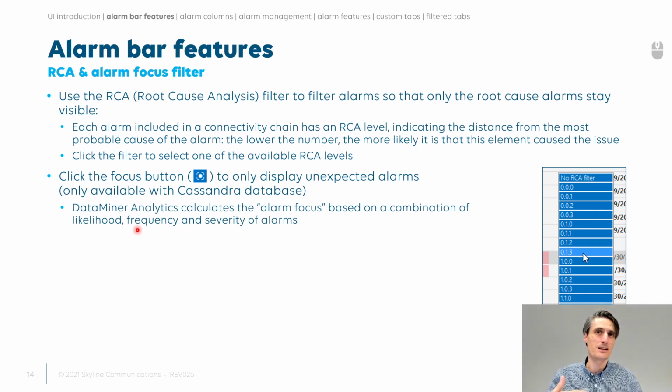If it's happening all the time, very often, it's considered as spam, you could say. It's a little bit like a junk filter on your email. We don't really consider it a very important alarm if it already happened 100 times in the last 24 hours. And also the severity is taken into account.